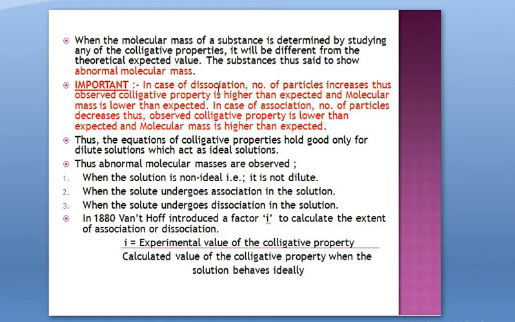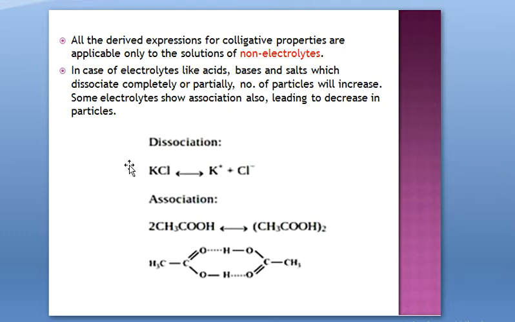Now this is important. What will happen in the case of dissociation, and what in the case of association? In case of dissociation, the number of particles increases and colligative property depends on the number of particles. Thus, when the solute dissociates, the experimental value of colligative property will be higher than the expected value of colligative property, consequent to which the value of molecular mass will be lower than the expected value of molecular mass, because colligative property and molecular mass are inversely proportional.